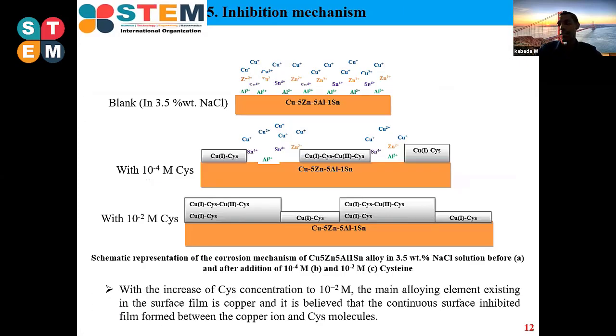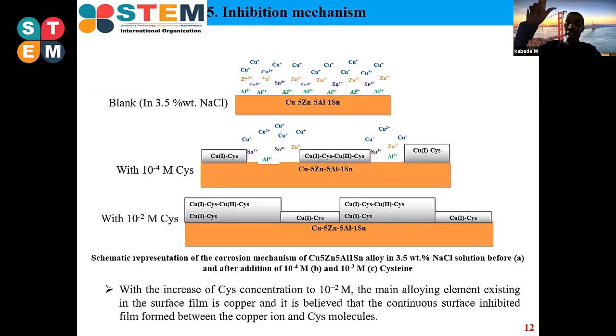This is some illustration for the inhibition mechanism. You see in the blank solution, there are ions, and maybe these ions can form oxide. This is because there is dissolved oxygen, as we can see in the EIS result. There is diffusion, right?